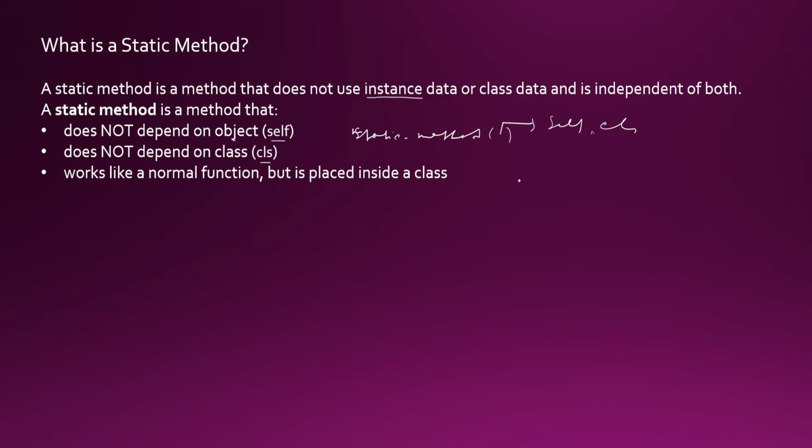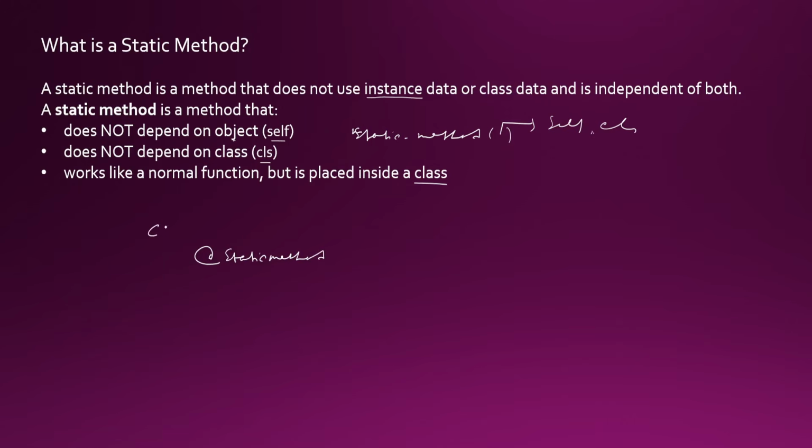So static method is a completely normal function, just like a normal function, but the condition is this method has to be placed within a class. And whenever you need to write your static method, just like class method, we have to provide a decorator, that is staticmethod.